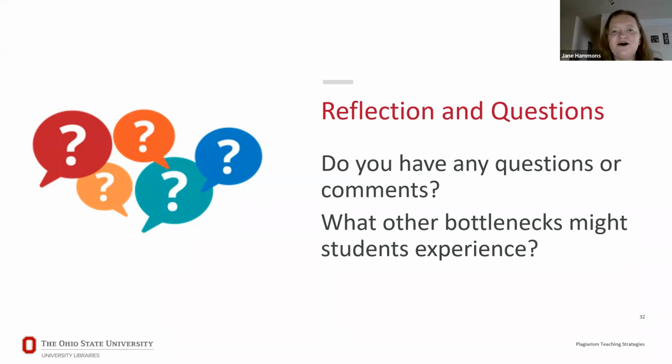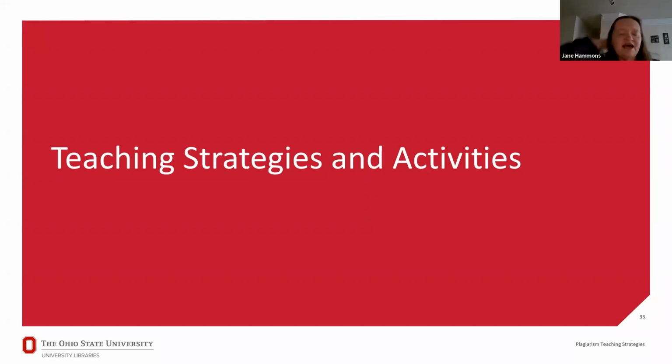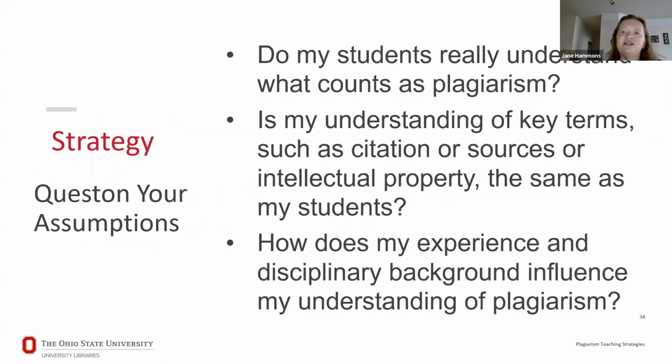All right. So last part, some teaching strategies and activities. I'm going to go through most of these fairly quickly, but a few things I just wanted to mention. So this is the strategy, and we've already talked about this, but really just taking a few minutes and questioning our own assumptions about what students understand and don't understand, and whether they have the same understanding of these issues that we do.